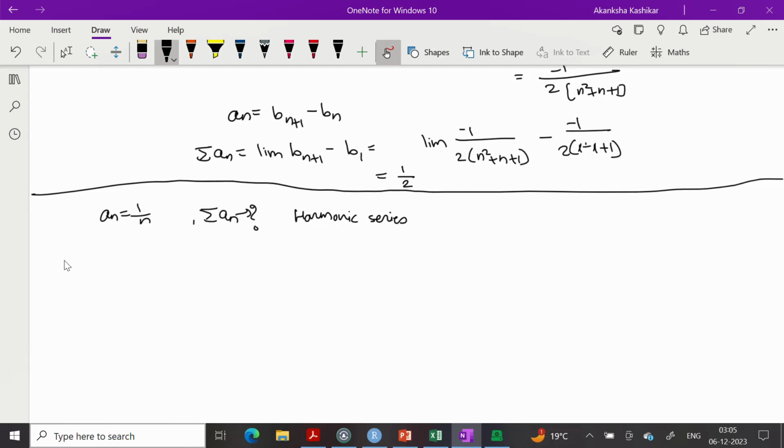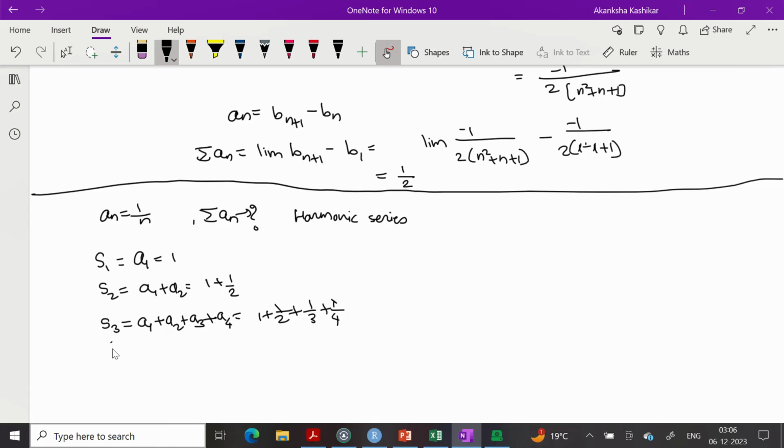What is summation 1 by n? So a1 equals 1, so s1 is 1, s2 is equal to a1 plus a2, that is 1 plus half. s4 is equal to a1 plus a2 plus a3 plus a4, which is 1 plus half plus 1 by 3 plus 1 by 4.